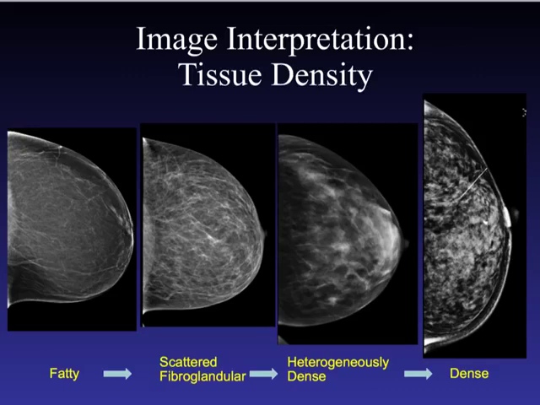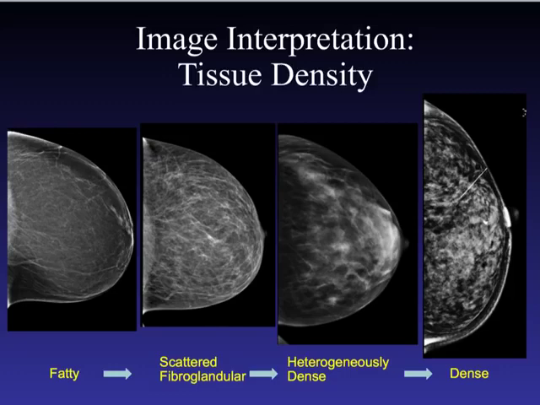So there's a spectrum of proportions that we typically see. This image on the left represents what we call a predominantly fatty breast, where there really is no white glandular tissue within this breast that might potentially hide a breast cancer. You can see that breast is predominantly gray/black.